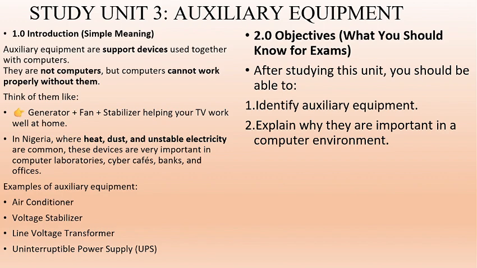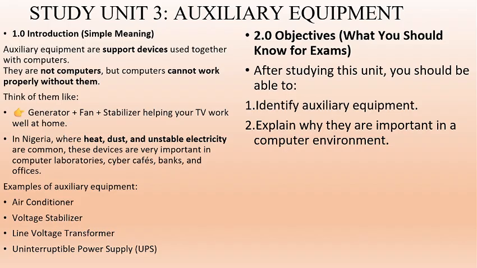Then we have the voltage stabilizer, which acts as either a step up or a step down stabilizer. It either steps up current when it is low, or steps down current when it is high. Instead of high current entering your TV directly, a stabilizer steps it down before it enters.